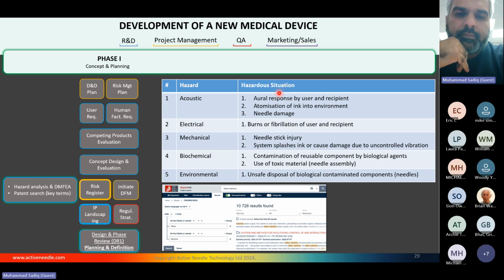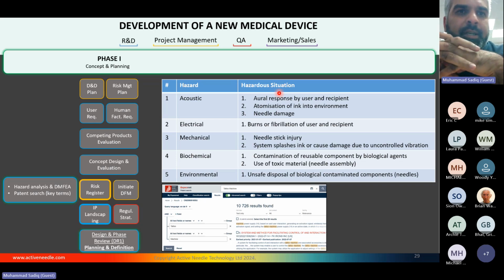As I've mentioned a couple of times already, medical device development is all about risk management, and the focus is on the risk. So determining the risks is a very important part. There are multiple ways of doing this.